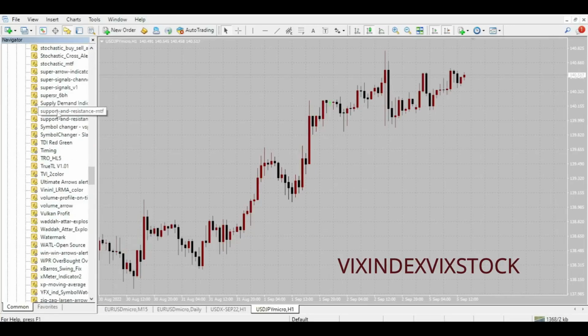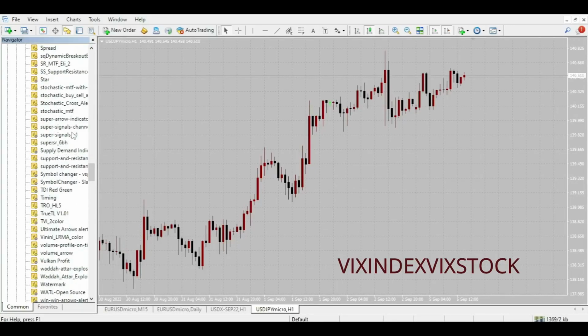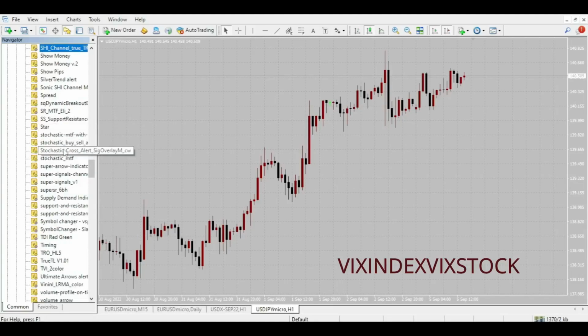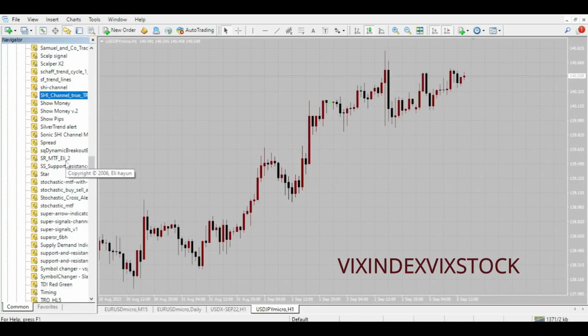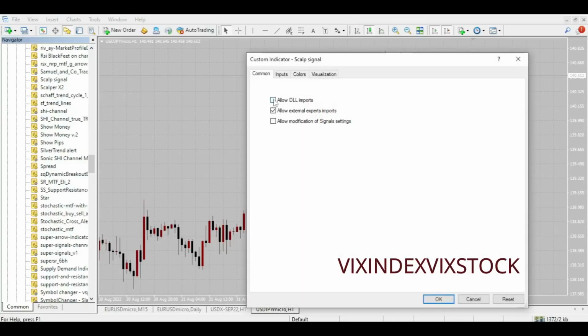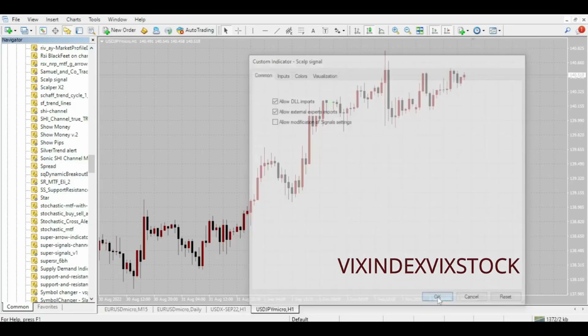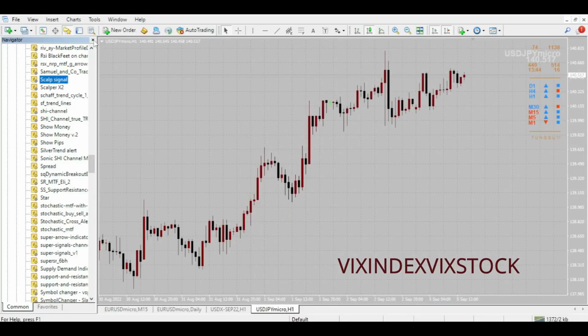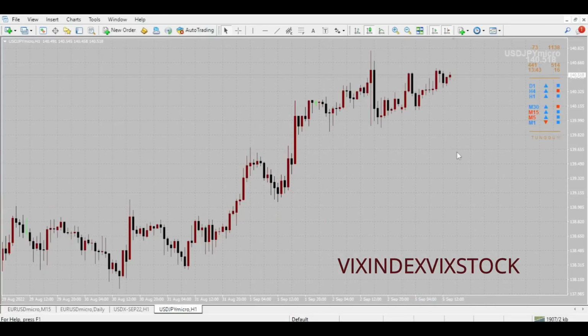I've got tons and tons of indicators that I've been testing over the years. Where is that? So here it is. So we are going to drag it again and put it on our chart. We're going to allow DLL imports, and well, let me just do this so that we close this.